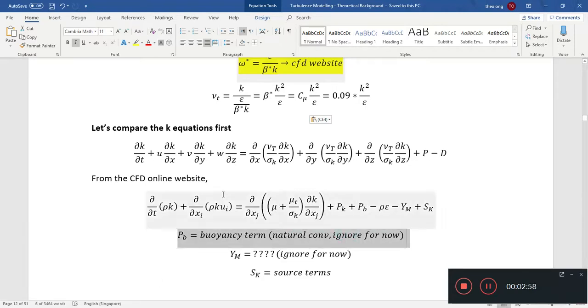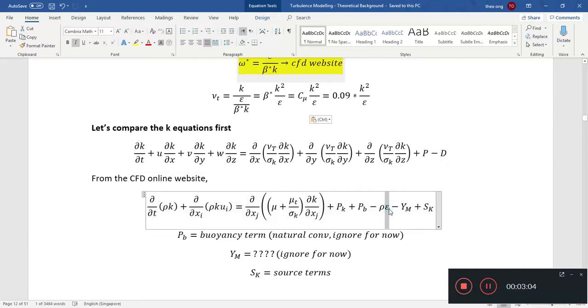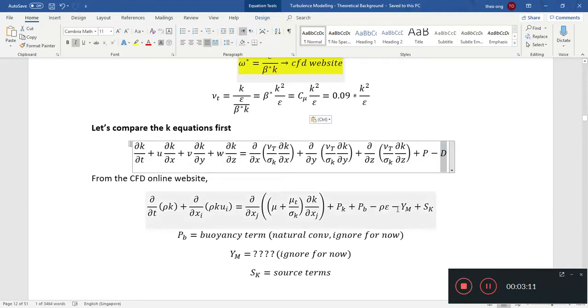We ignore it for now for the sake of simplicity. And the destruction term here, this D, is actually epsilon, because when you divide throughout by rho, it becomes epsilon. This is the destruction term, the sink term, where turbulent kinetic energy is being drained. So epsilon is the rate of dissipation of turbulent kinetic energy.